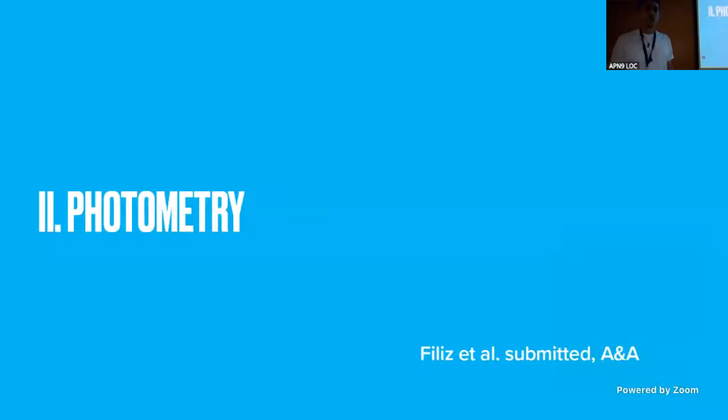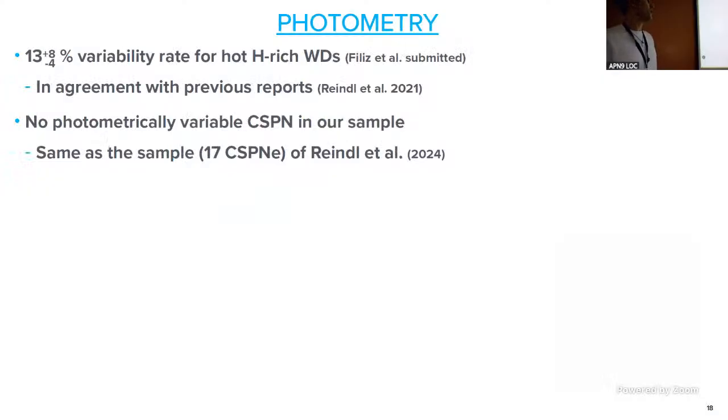So I would take those results with a grain of salt. And the second part of my talk is about photometry. We conducted a photometric analysis to search for photometric variability, and in our sample, 13% of our objects are photometrically variable, and this is in agreement with what is reported by previous studies for hot hydrogen-rich white dwarfs.